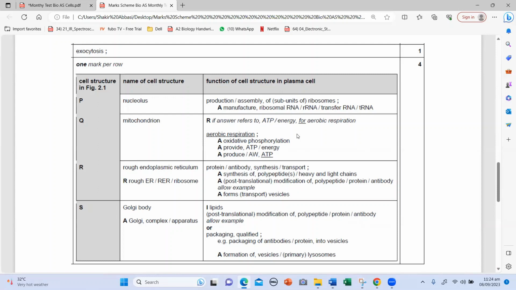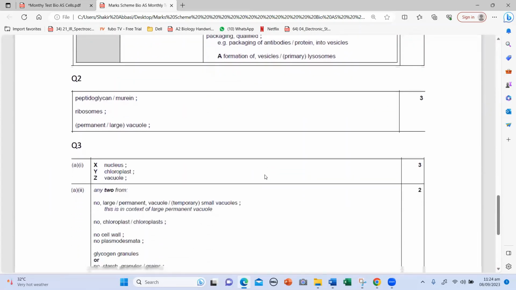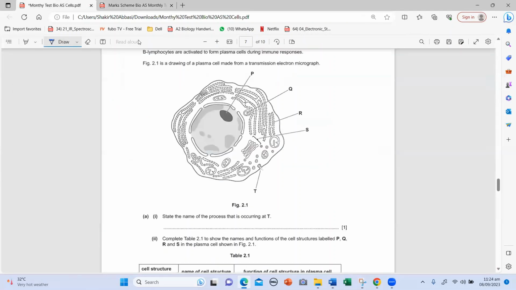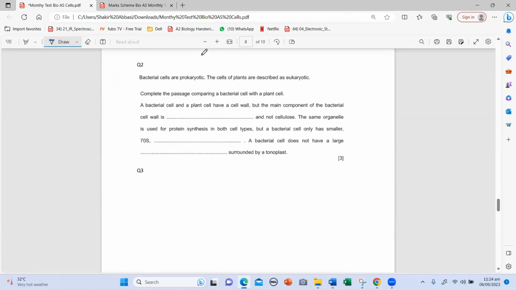R was RER, and the job is the synthesis of protein. Majority did it right. S is Golgi body, which packages proteins and makes the vesicles. Now question number 2. Many of you lost marks in this question, unfortunately.